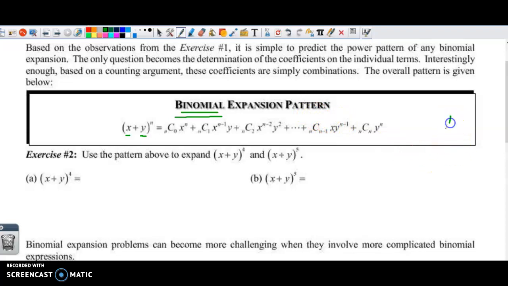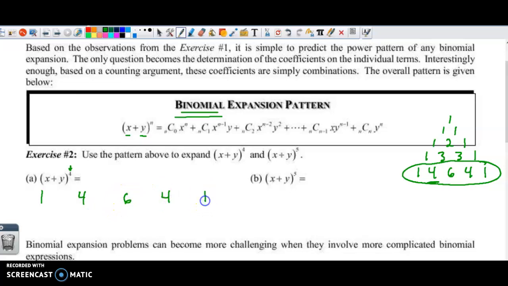sometimes what I'll do is I'll just make Pascal's triangle off to the side because it doesn't take that long, especially when you have a lot of practice with it. And I look at the exponent and I find the row, and I don't really count 0, 1, 2, 3, 4. I look at the second number. That's the row that we're in. So it's 1, 4, 6, 4, 1.